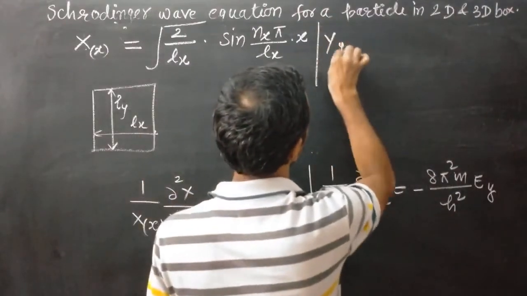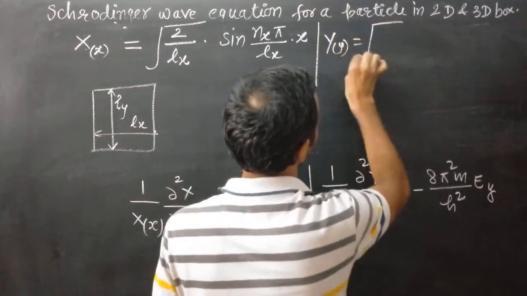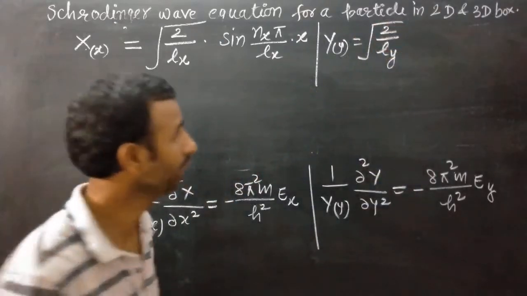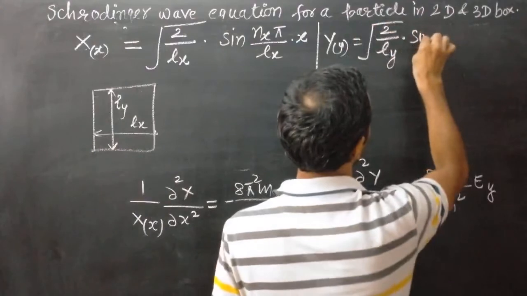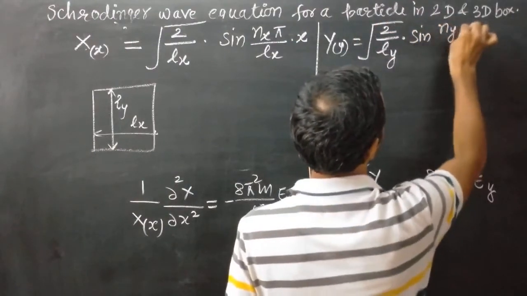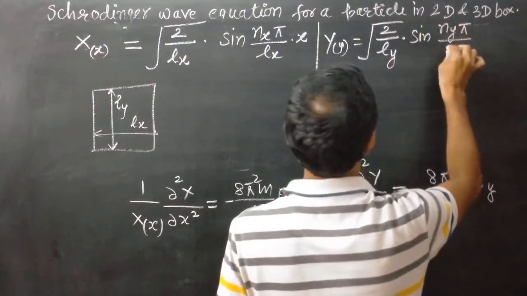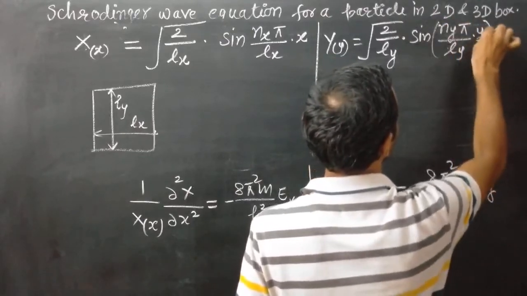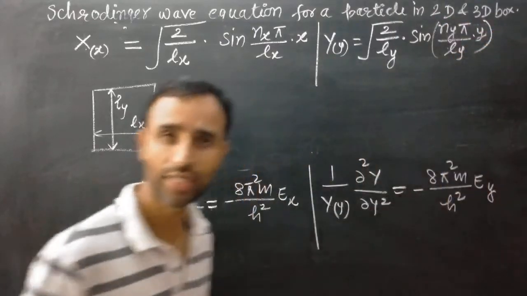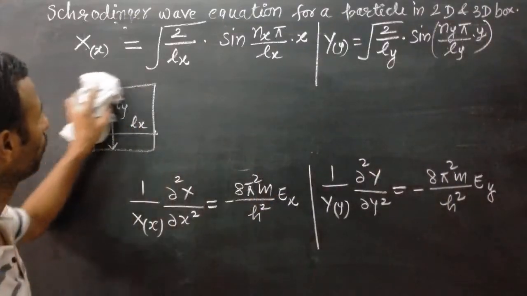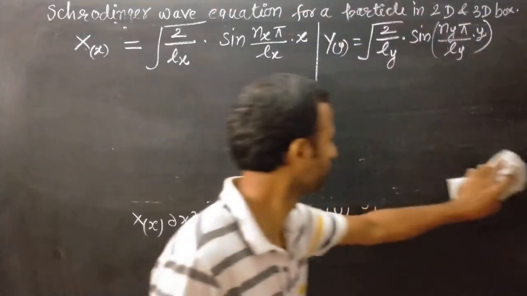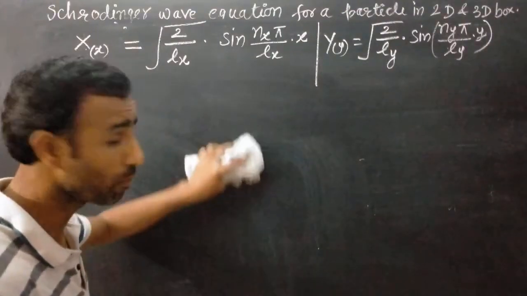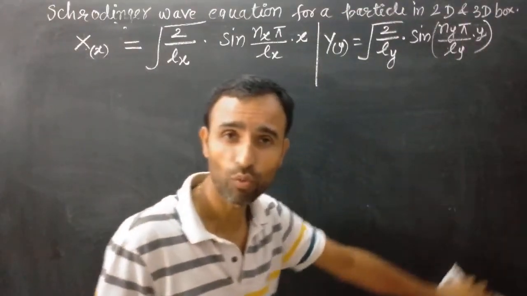Now Y is equal to √(2/Ly) sin(nyπy/Ly). Right? So these are the two wave functions, meaning two parts of the same wave function.